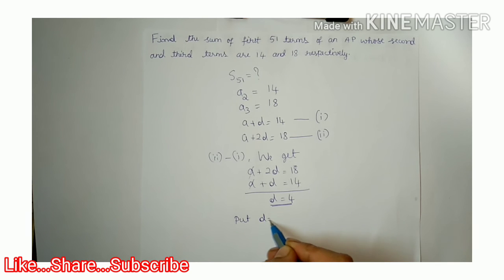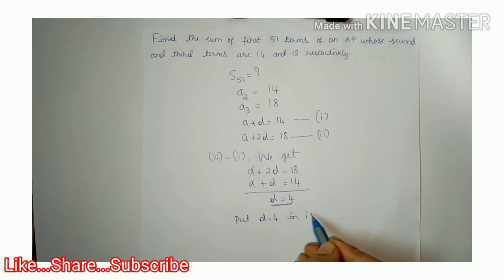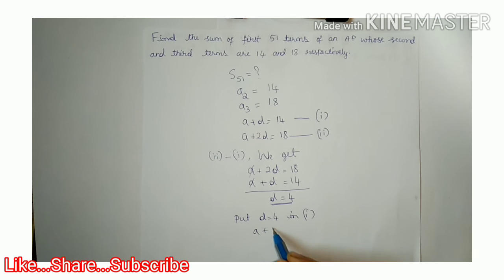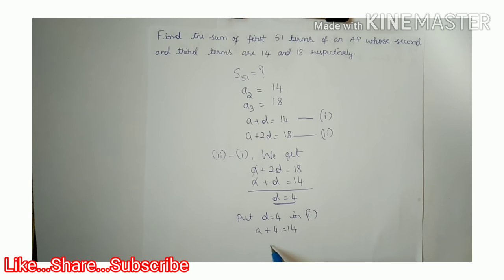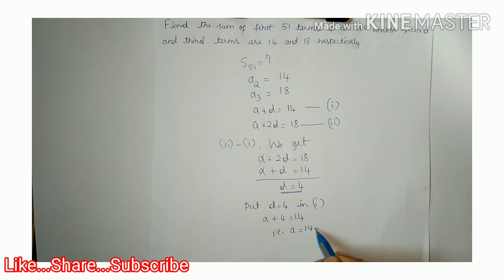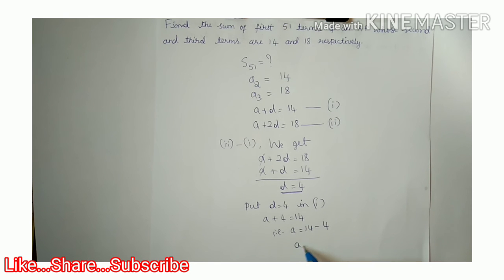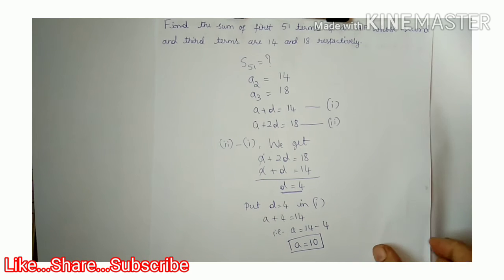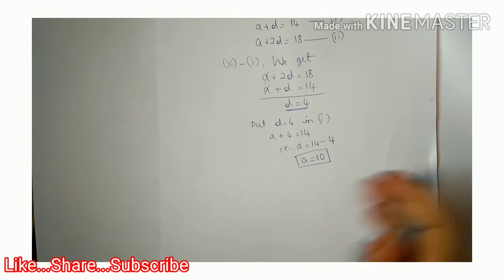Substitute d is equal to 4 in equation 1: a plus 4 is equal to 14. That is a is equal to 14 minus 4. First term is 10.